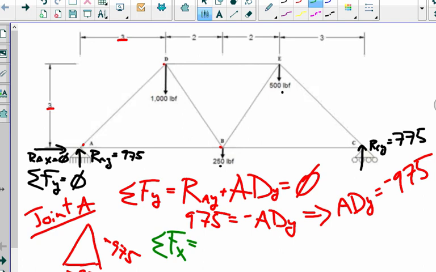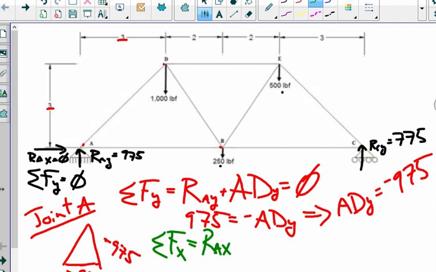All right. So sum of the forces in the x direction. What do we have? Give me some of the forces. 0. Okay, that's a sum. Good. Give me RAX. RAX, which is 0, but we'll put that in a second. What else do we have in the x direction?